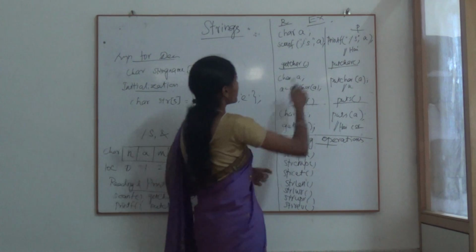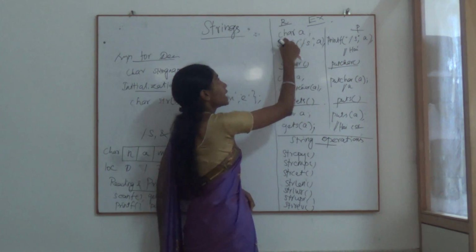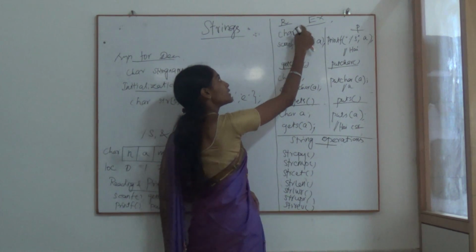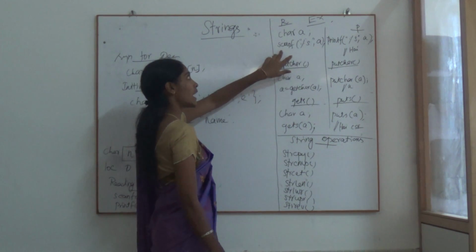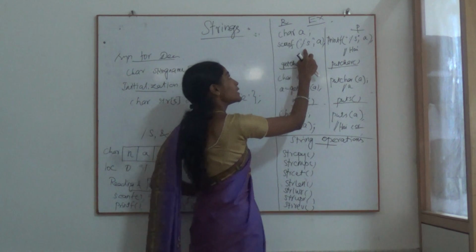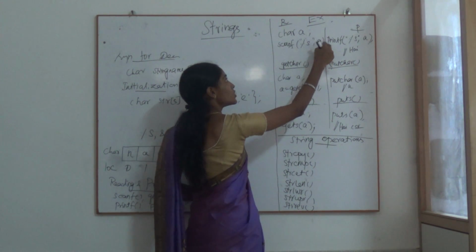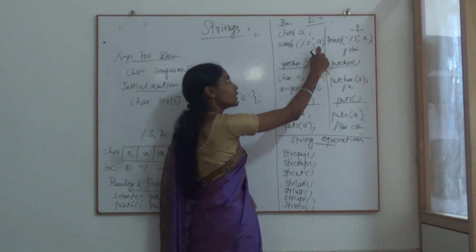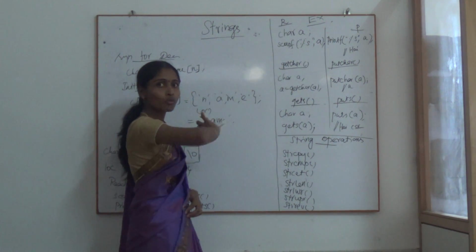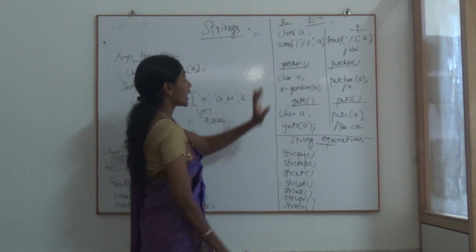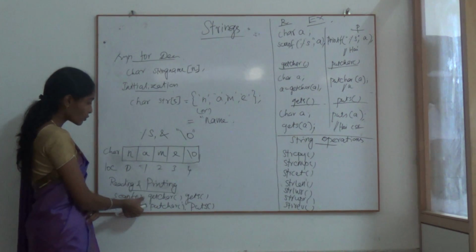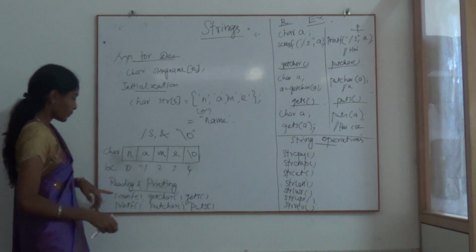An example for reading and printing: here char is the data type and a is the string name. The syntax for scanf is scanf, the format string %s, and comma, the string name. We should not use the ampersand symbol here because it is a string. Now the purpose of using scanf, getchar, and gets.